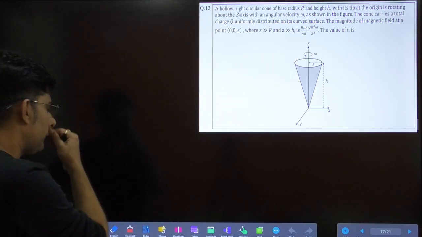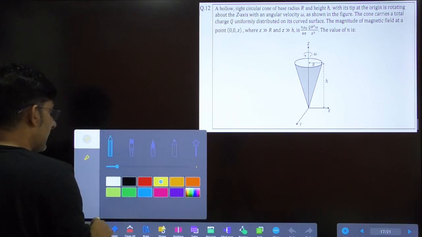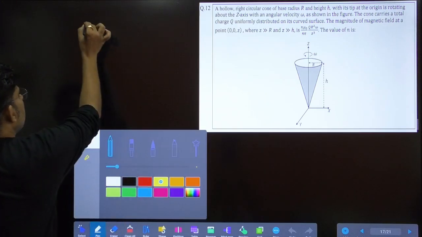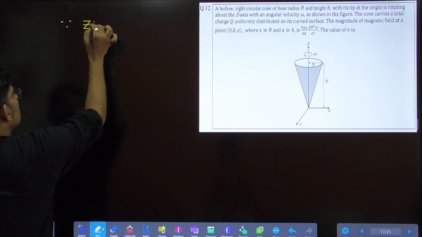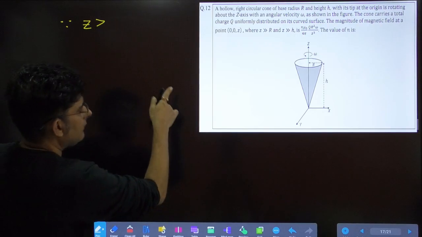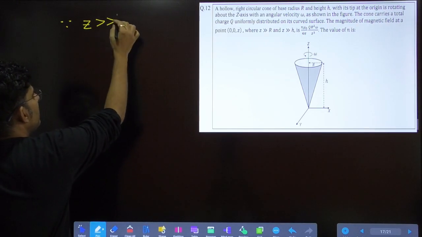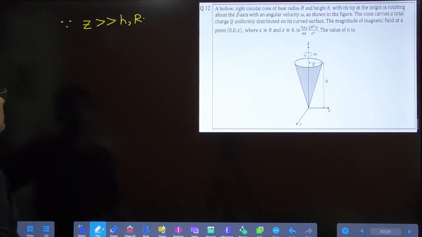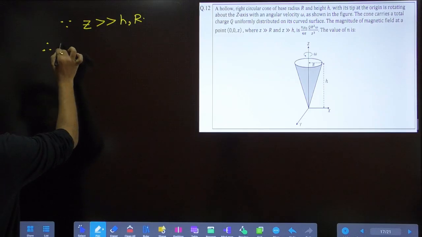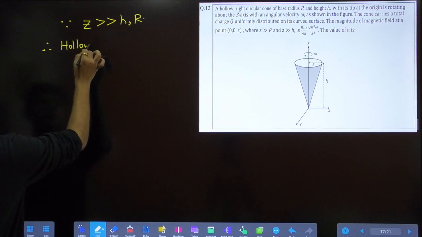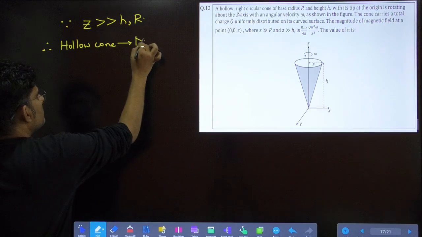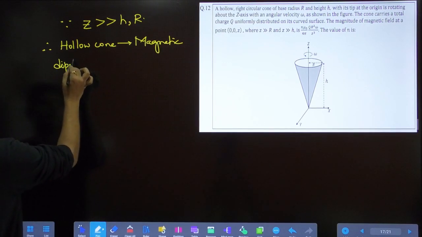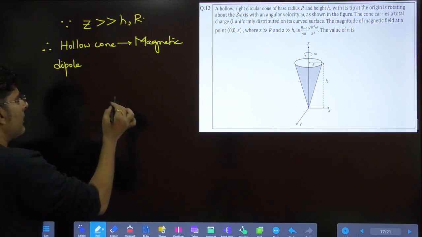Well, for this question, what we can simply do is, you can see that the value of z, they have mentioned already in the question that z is very large. The point where you have to find the field, that z is very, very large compared to h and r both. So it is a far away point. So we can take the hollow cone as a magnetic dipole, which will be equivalent to a bar magnet.